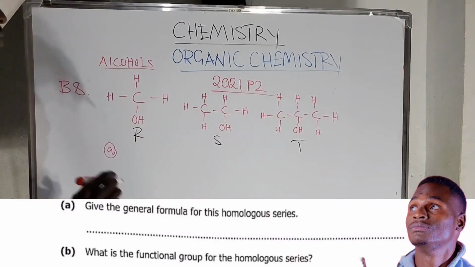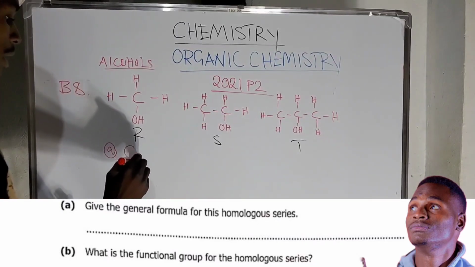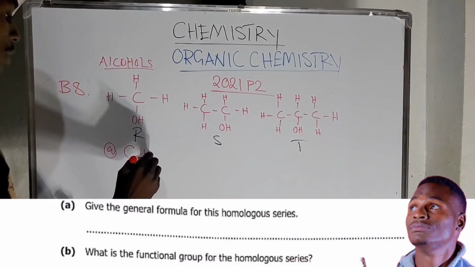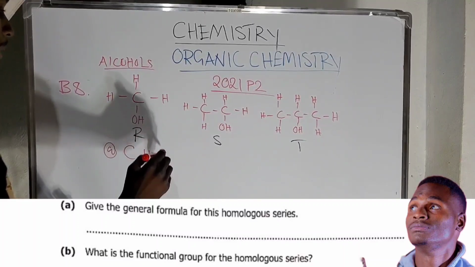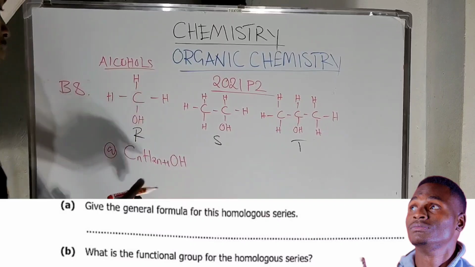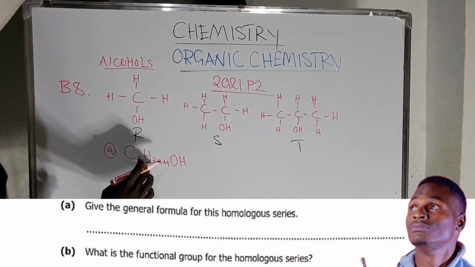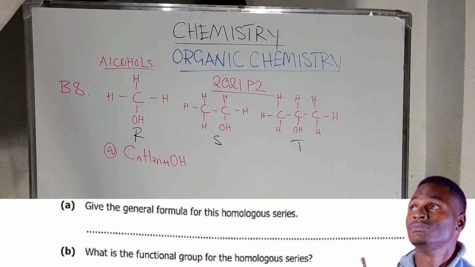Okay, and the general formula for all alcohols is CnH2n plus 1, then OH, which is the hydroxyl group. So CnH2n plus 1 OH. This is the general formula for all alcohols.